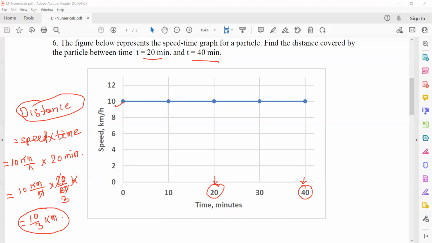I hope you have understood the solution of this particular problem. So once again, in order to solve this question, you need to know about the speed and you need to know about the time. Once you have got information of both these quantities, we can solve such a graphical problem.